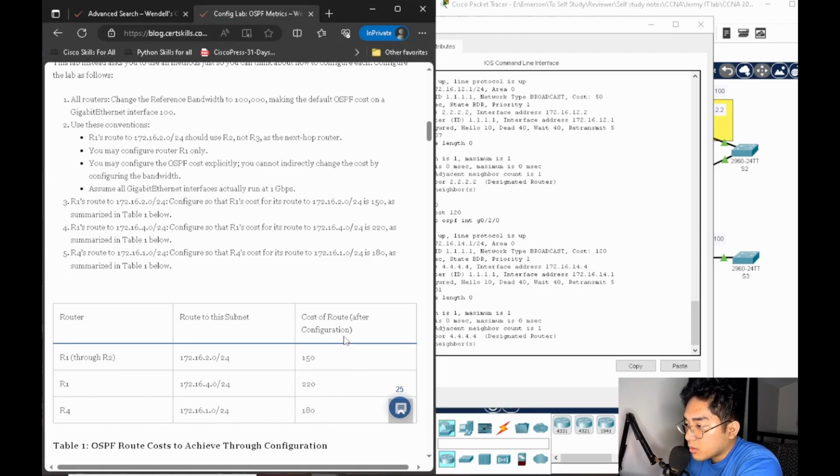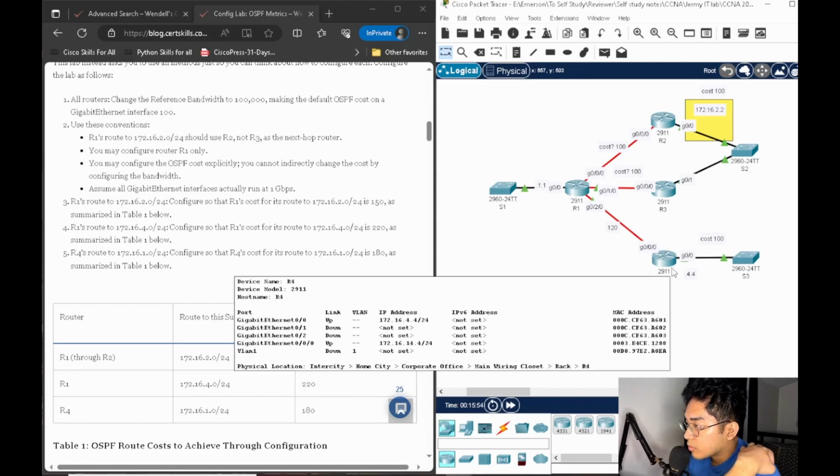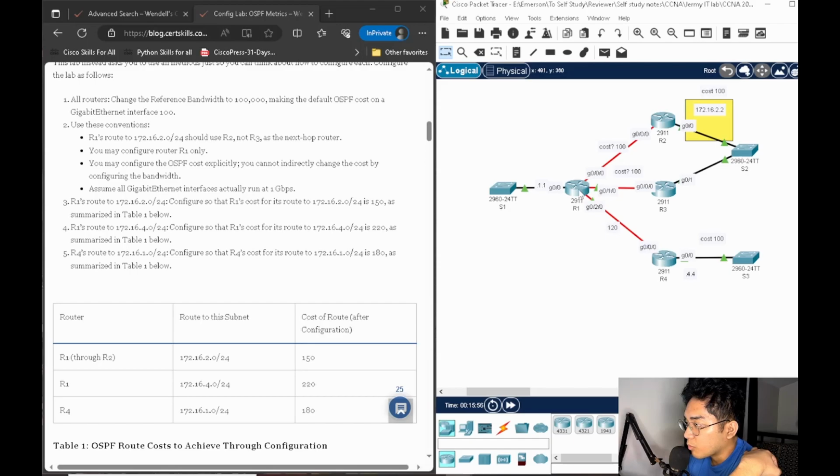Now we want the cost of the route to R4 to be 180. We could change the cost manually on R4, but we are told to configure R1 only.